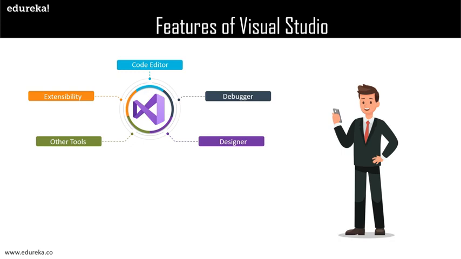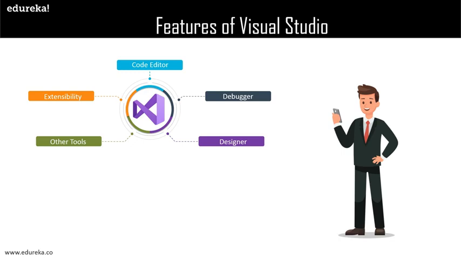Now, the next feature is the designer. Visual Studio includes a number of visual designers to help with the development of applications. Some of the tools are WPF Designer, where WPF authors user interfaces for Windows Presentation Foundation. Followed by that, we have Windows Forms Designer. The Windows Forms Designer creates graphical user interface applications for Windows Forms.